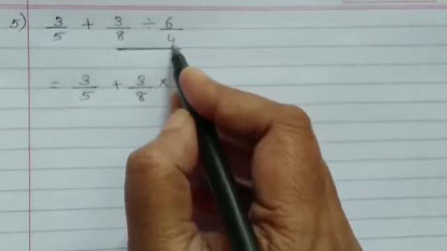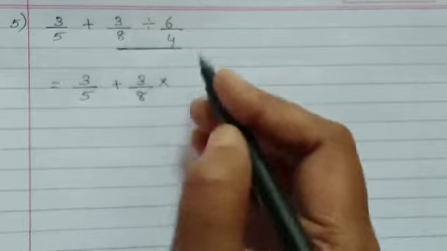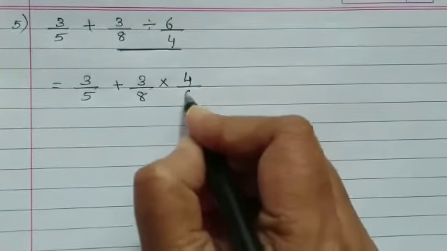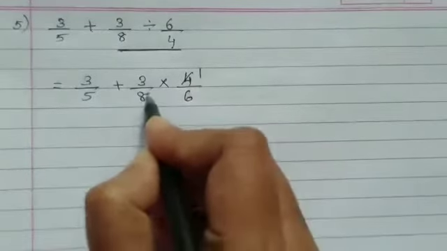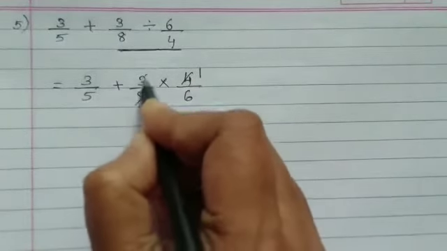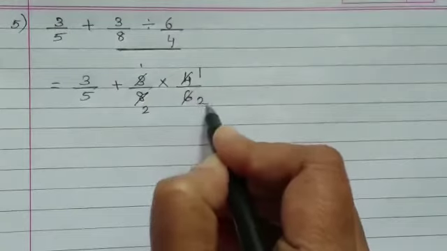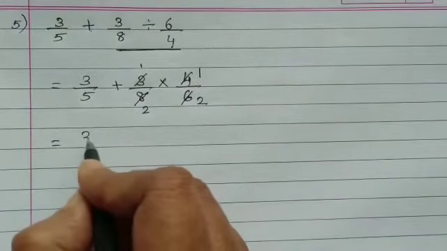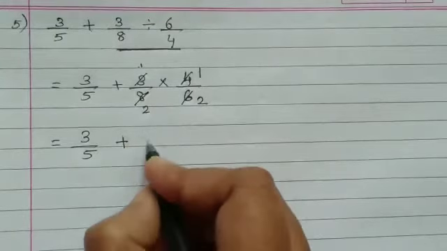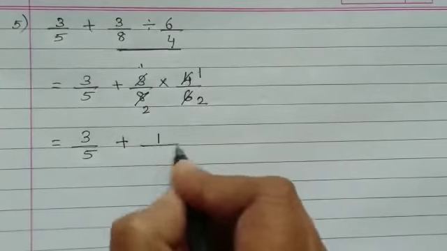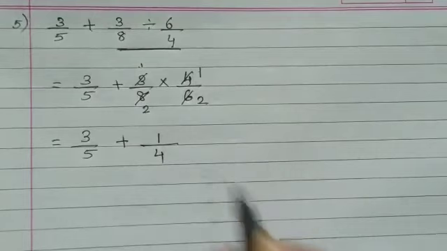What is the reciprocal of 6 upon 4? Yes, it is 4 upon 6. Now you can cancel out 4 one time and 4 two times, 3 one time and 3 two times. So you get 3 upon 5 plus 1 into 1 is 1 upon 2 into 2 is 4.